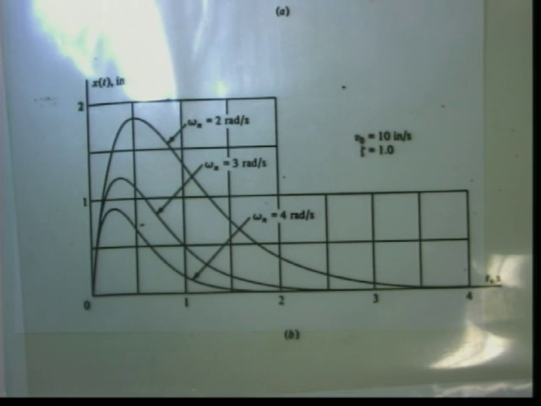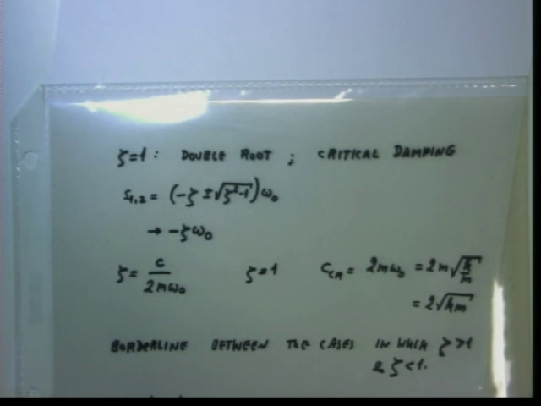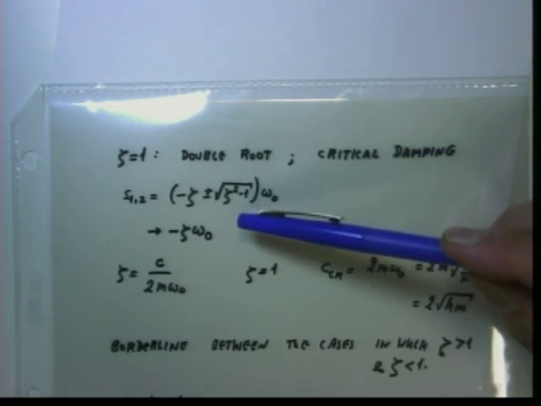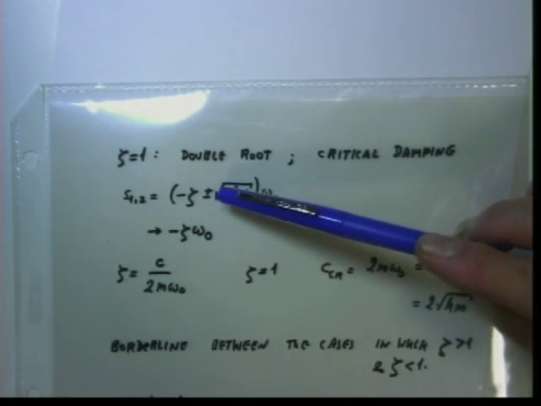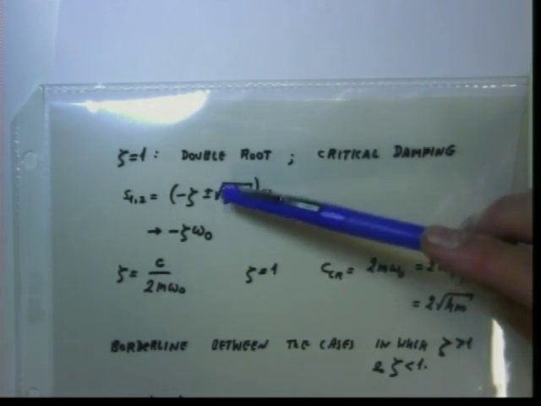Now we go to the other case, critical damping. Zeta is not greater than 1, but equals 1, so damping equals the critical value. If that is the case, please look at the roots: the square root expression is vanishing.